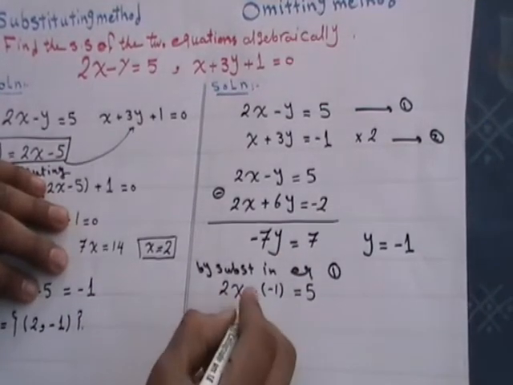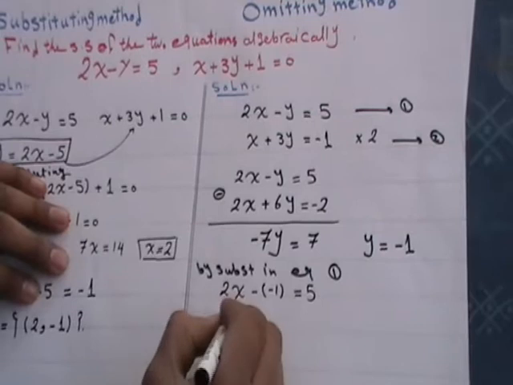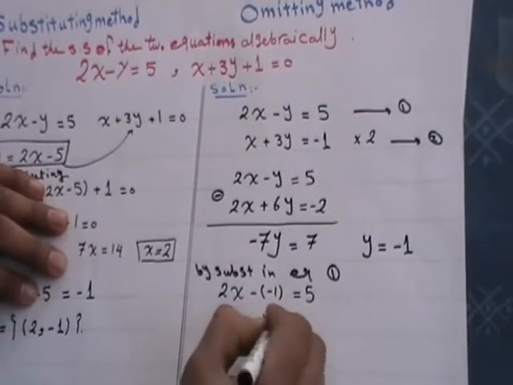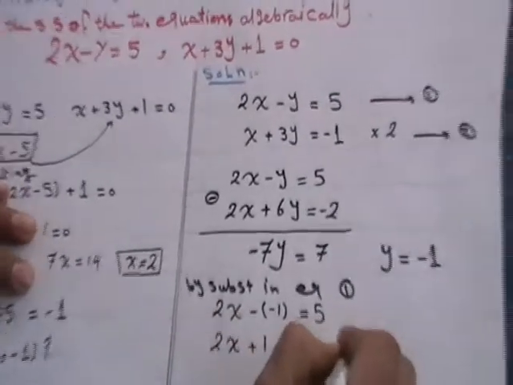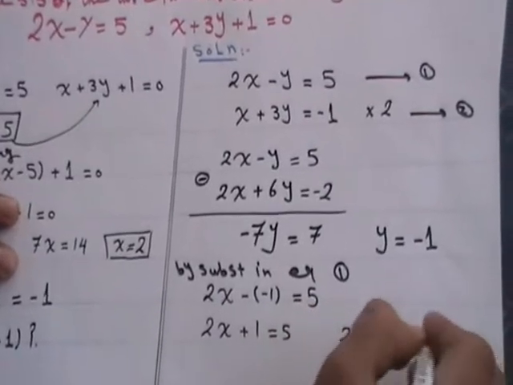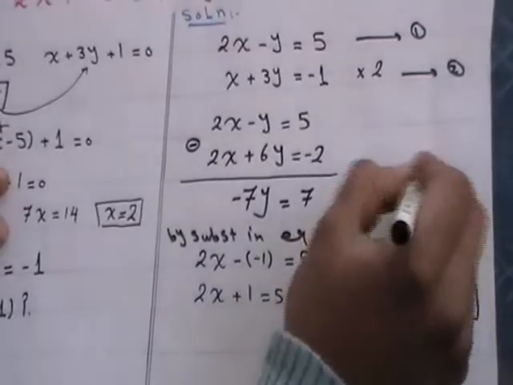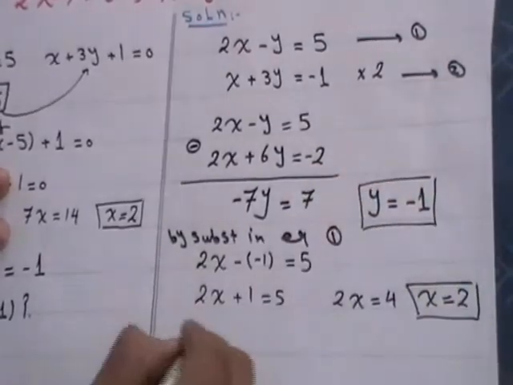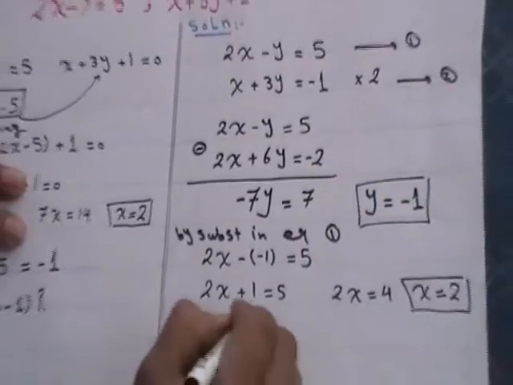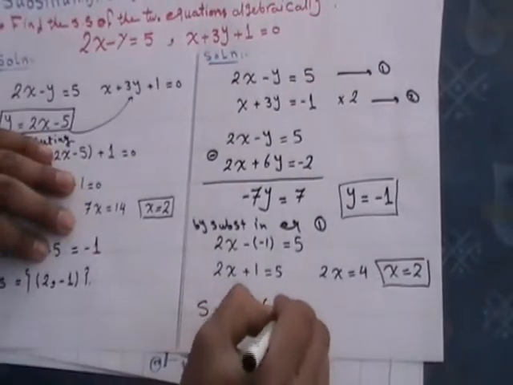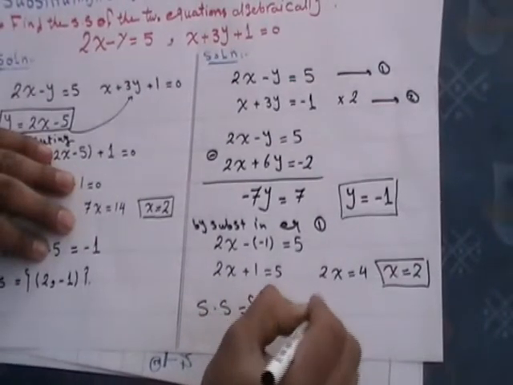So I have 2x minus negative 1 equals 5. So you will have 2x plus 1 equals 5, and you will have 2x equals 4. So you will have x equals 2. So you have two values, x and y. So the solution set will be the ordered pair consisting of 2 and negative 1.